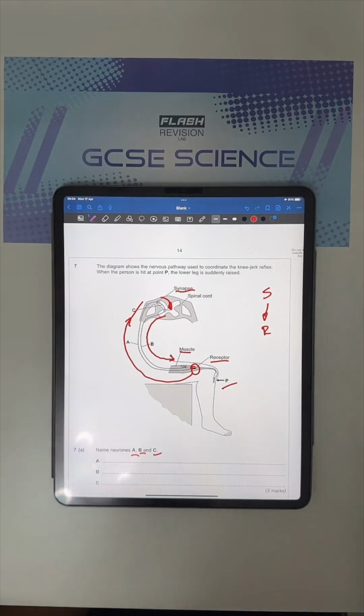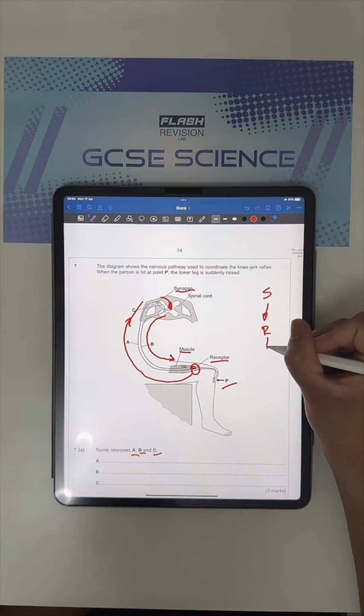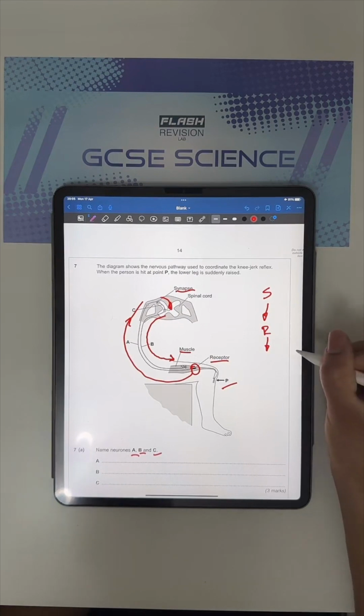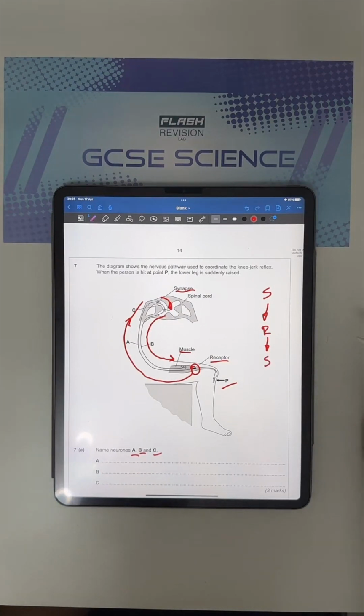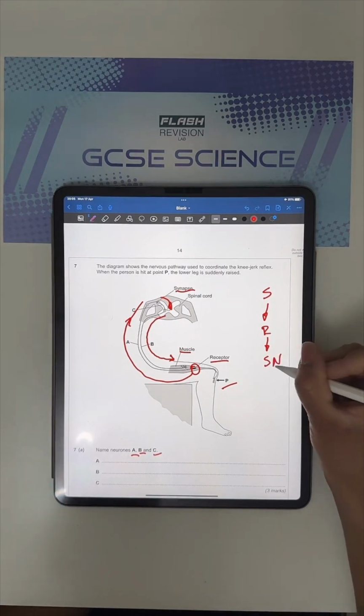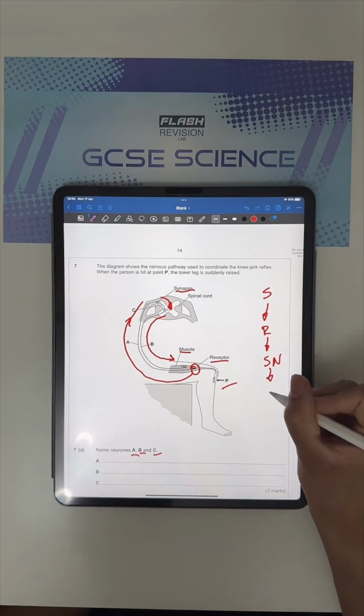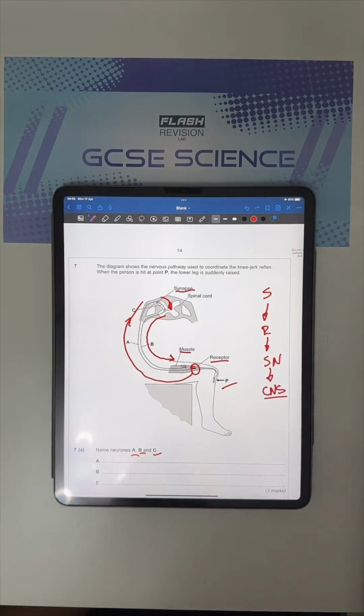The receptor converts what it picks up into an electrical impulse, and it sends it down a sensory neuron. Then from the sensory neuron, it passes to the CNS. CNS is the spinal cord and the brain.